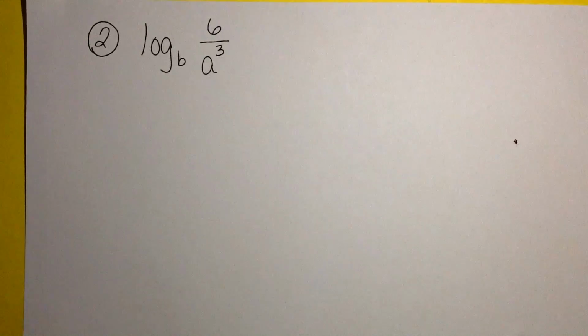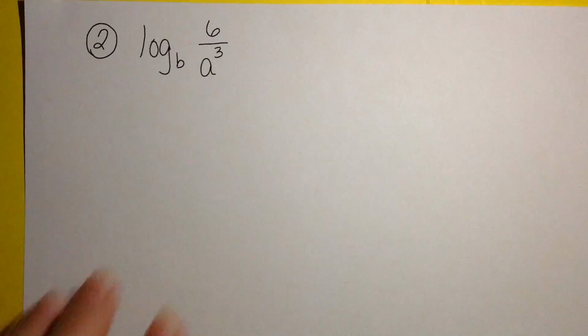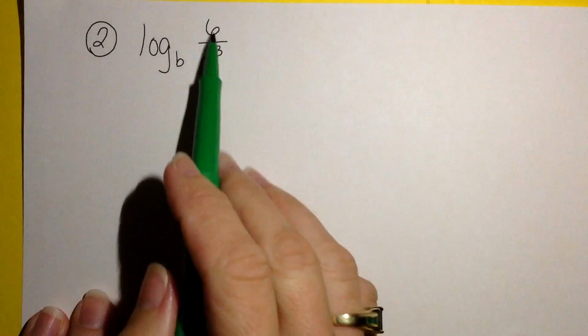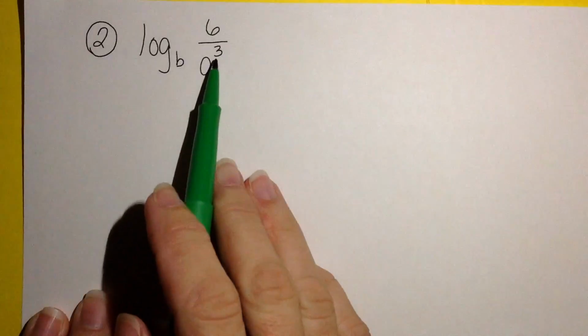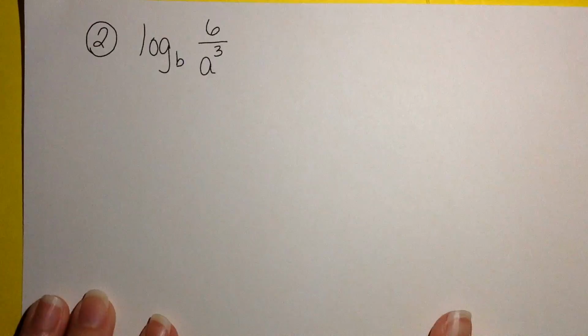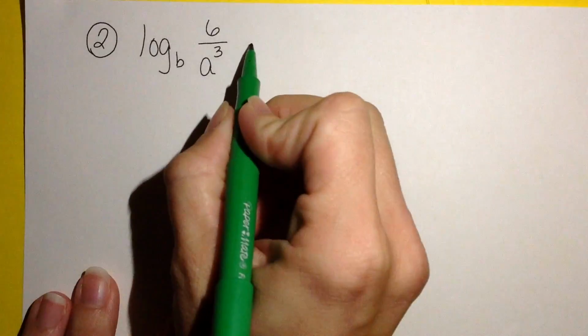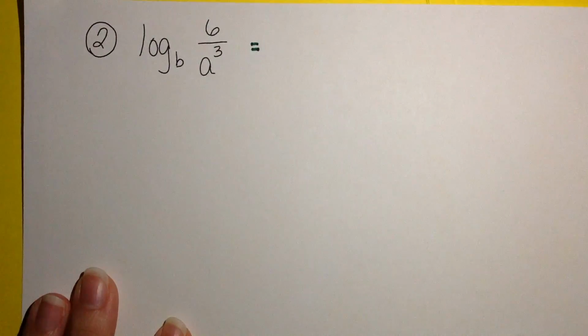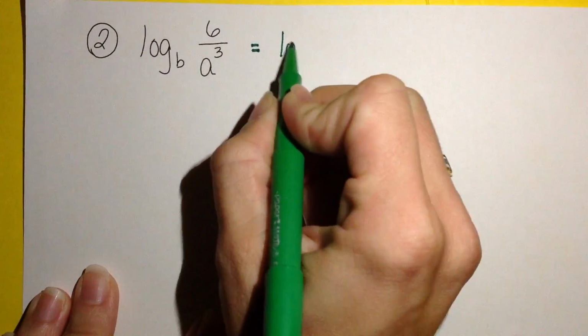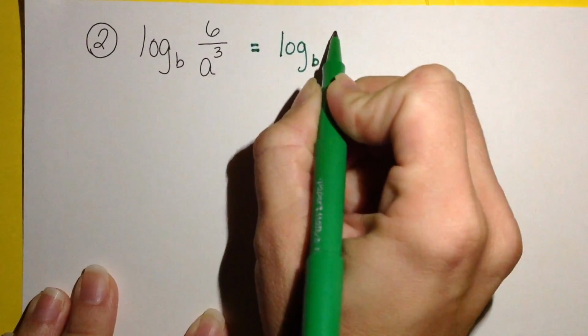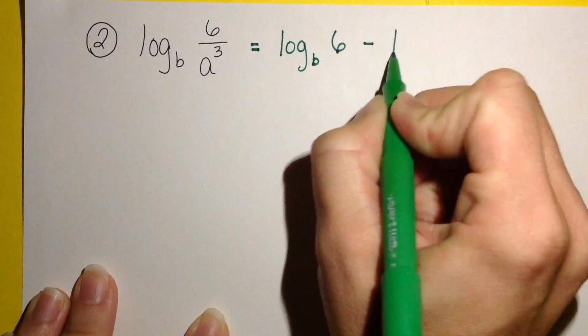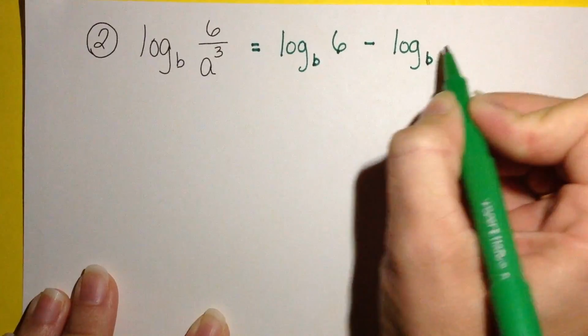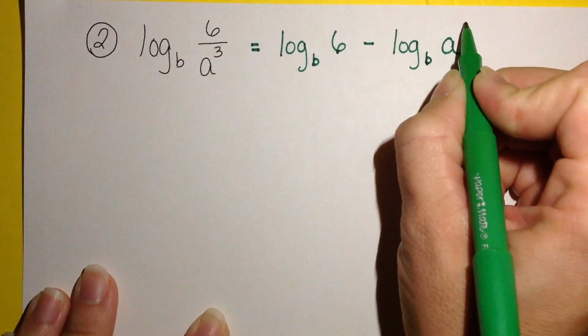When I look at my argument this time, I see that I have division and an exponent. Of course, the division is your fraction, and again, you've got your exponent here. In this case, your first step is to expand using the second property, the quotient property. So you'll have log base b of the 6 minus log base b of a to the third.